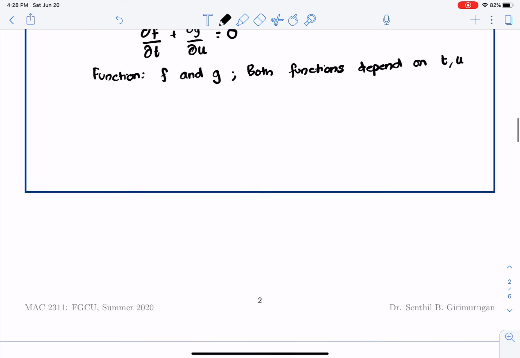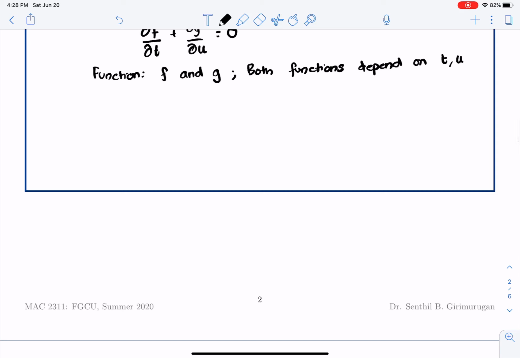So we use a subscript notation when it comes to partial differential equations. What do I mean by that? Consider the partial differential equation, partial of u, we need to have two variables.